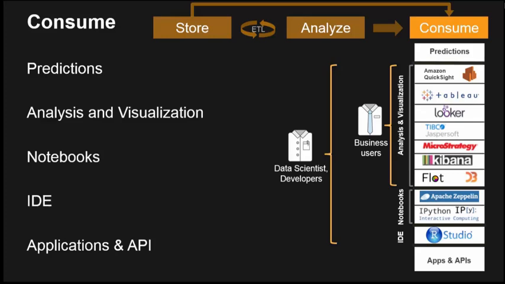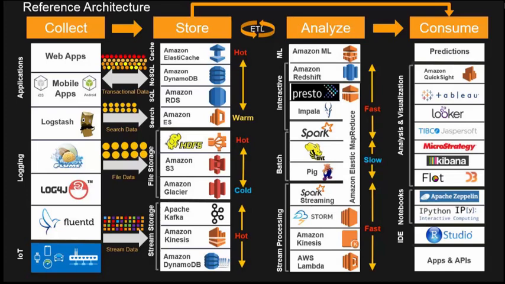You can bootstrap a Zeppelin notebook on top of an Elastic MapReduce cluster, or you can have an IPython notebook on top of a cluster that you can launch on behalf of your data scientists. The data scientists can create notebooks and share them with other data scientists or the enterprise, if you will. RStudio is very popular as an IDE, and then the applications, I will touch on using the reference patterns. Now, putting it all together, here is a reference architecture.